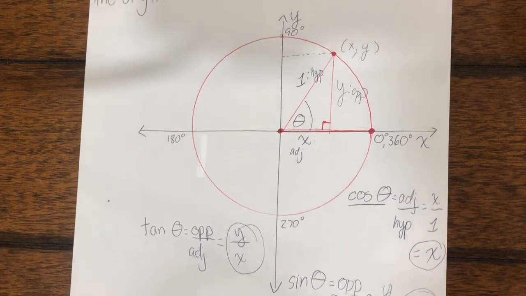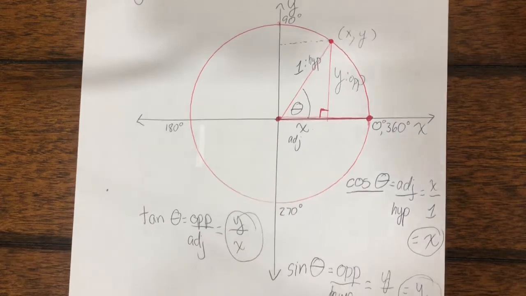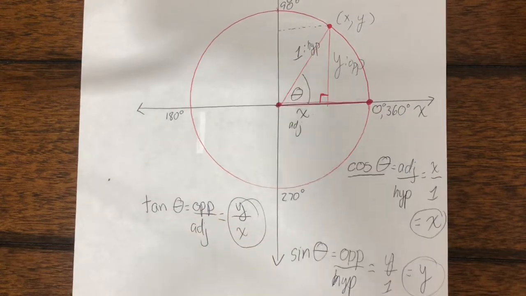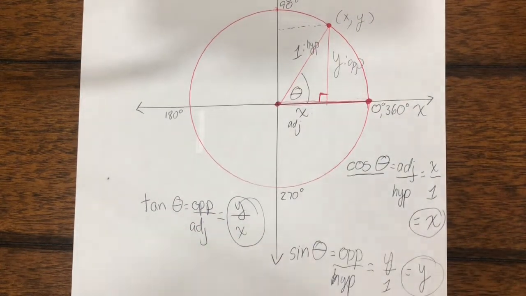And we can confirm that these three outcomes are set formulas when evaluating sine, cosine, and tangent of an angle measurement inside the unit circle.